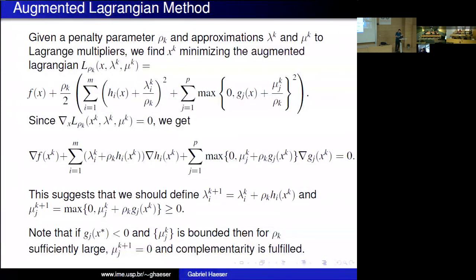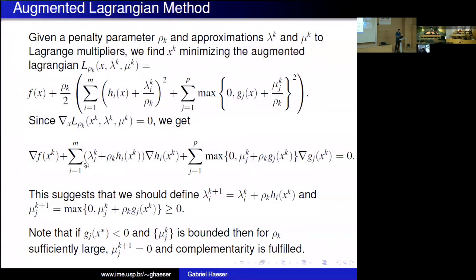So xk will be given as the minimizer of this function, and in particular, the gradient of this function should be 0 at xk. And when we compute these derivatives, we get something like this.